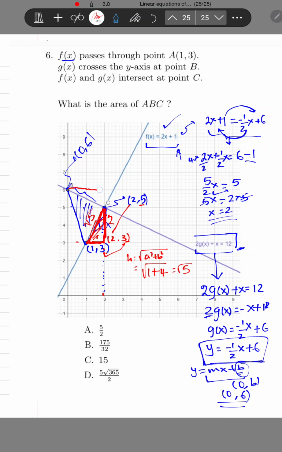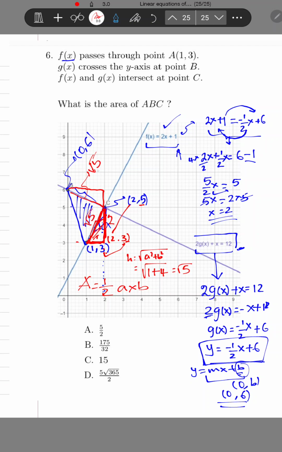Likewise, we can do the same for the other one here. This side is also root 5. Now we have 2 sides of a right angle triangle. And then what is the area for a right angle triangle with 2 sides A and B? Area is equal to half of A times B. In our case here, this is an isosceles triangle in which 2 sides are the same.